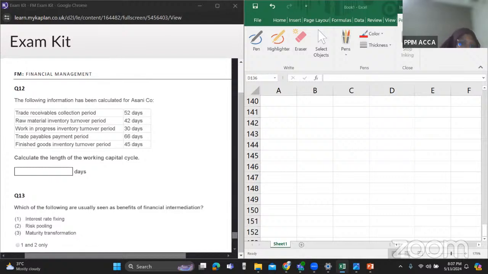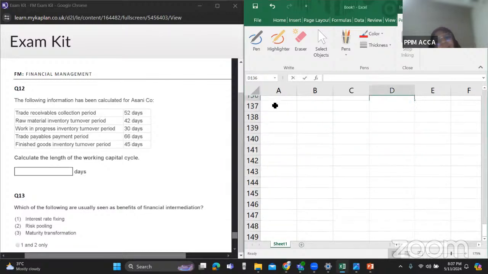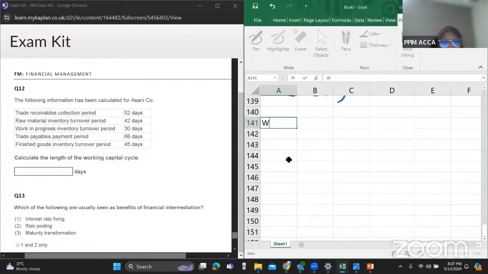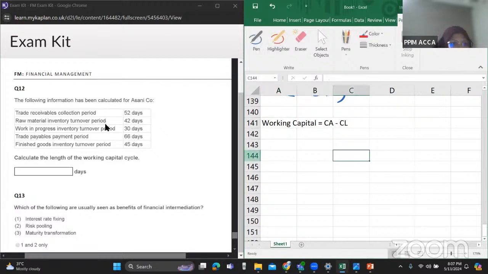Okay, good. So working capital, we should all be familiar with it. Working capital is basically your current assets minus your current liabilities. That is only the basic concept. Here, basically add up all your asset figures and deduct the liability. Receivables are an asset, raw material inventory is an asset, work in progress inventory is an asset.